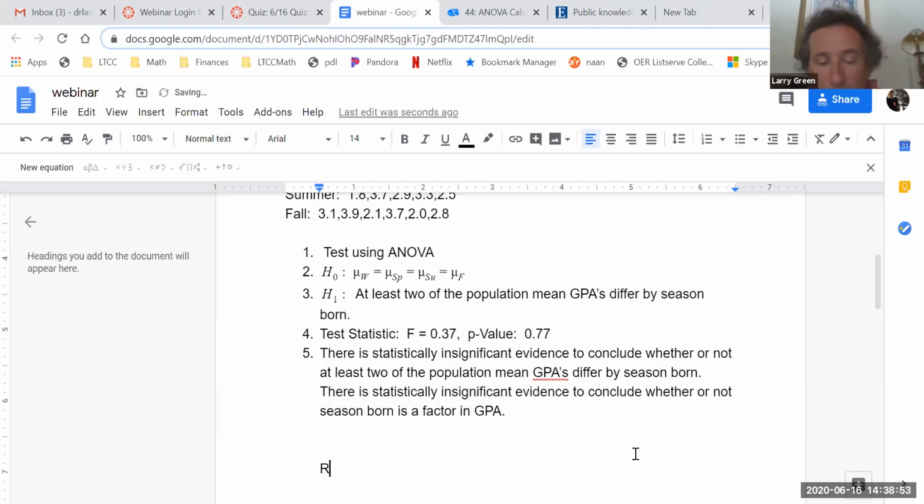So these are the requirements to perform an ANOVA test.